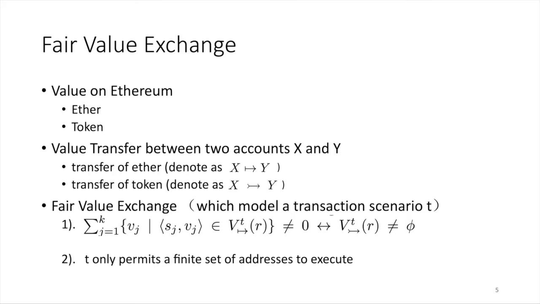The first condition is that if the amount of Ether received by a specific address R is not zero, R needs to pay the corresponding token. The second is that T only permits some specific address to execute.